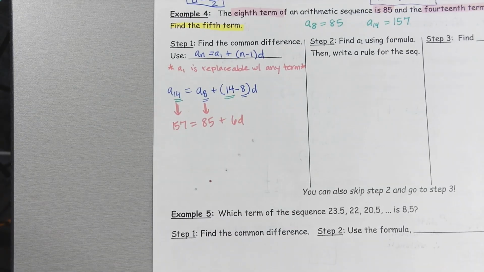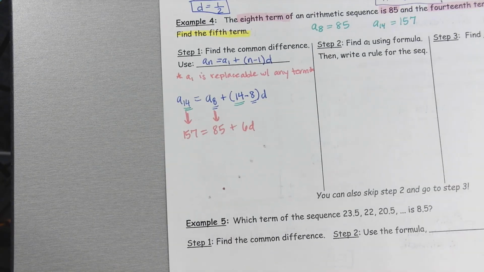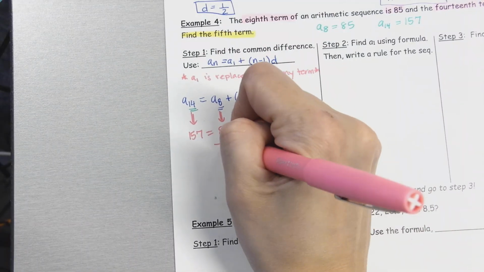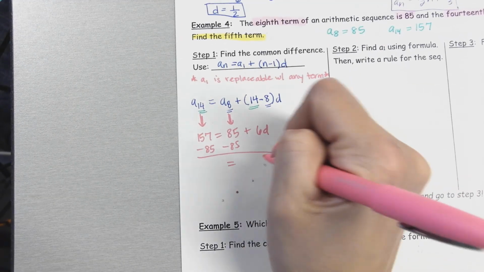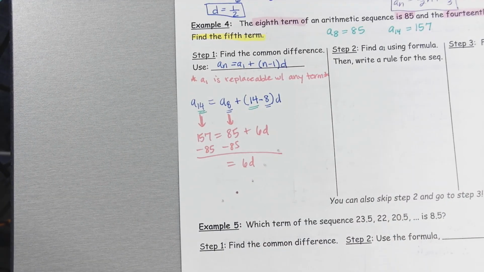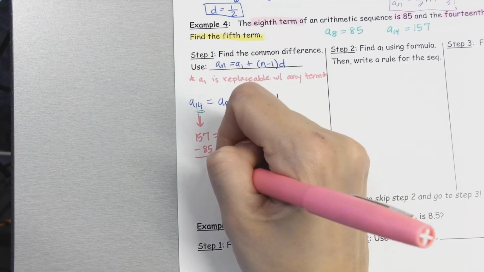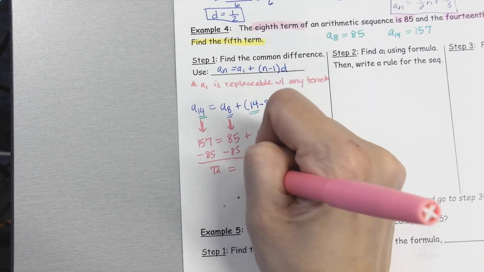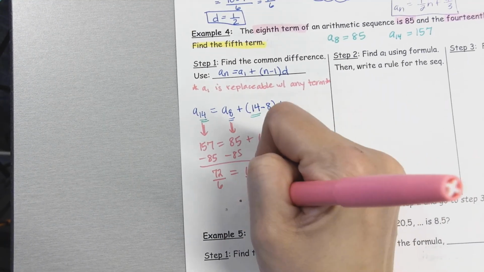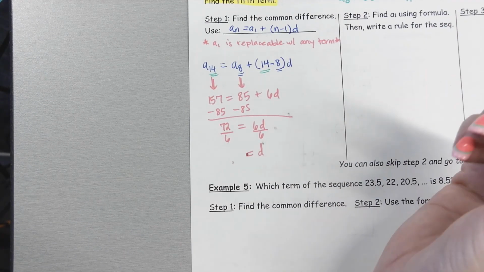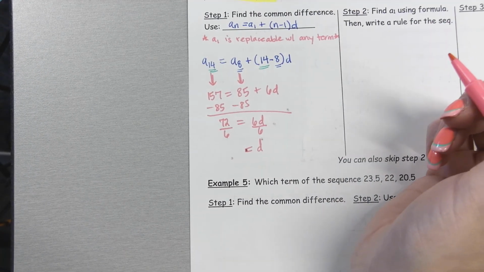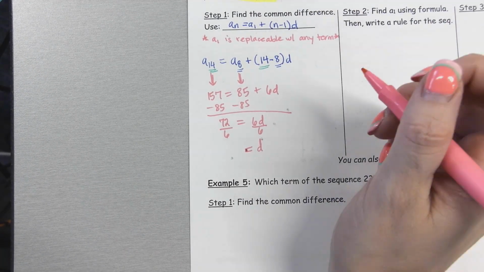And now we can just solve that. Okay, so 157 minus 85 is going to be 72. 72 divided by 6 is what? What multiplication is that? 12.